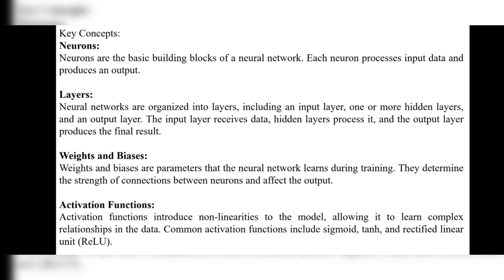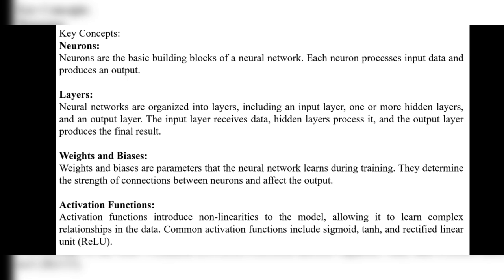Okay, next, weights and biases. Weights and biases are the parameters that the neural network learns during training. Okay, they determine the strength of connections between neurons and affect the output. It means we'll give a weight to each individual layer. Okay, activation functions. What are activation functions here?